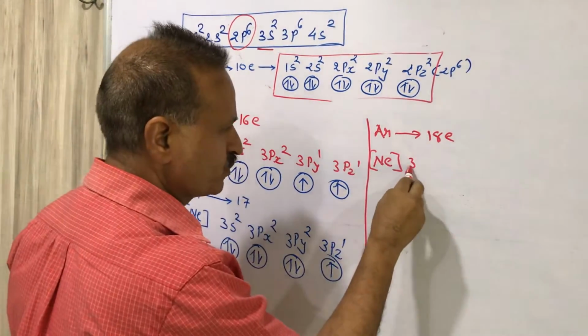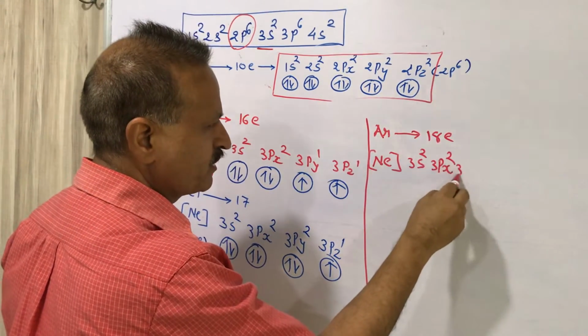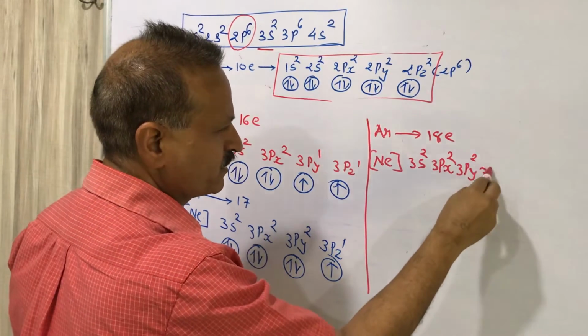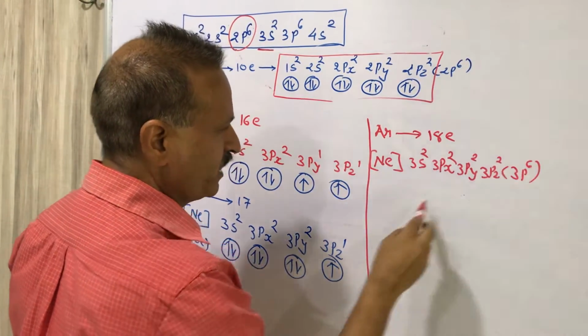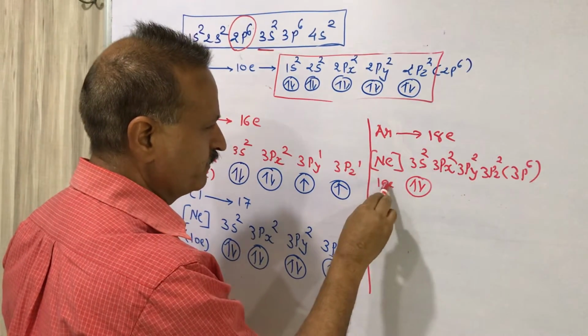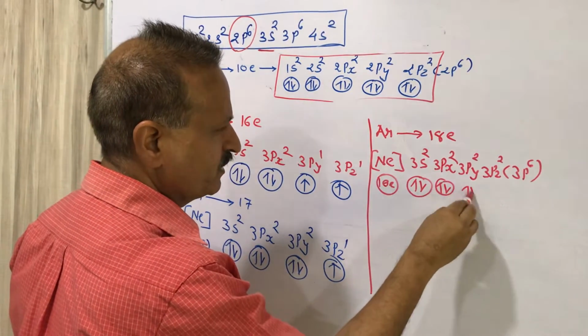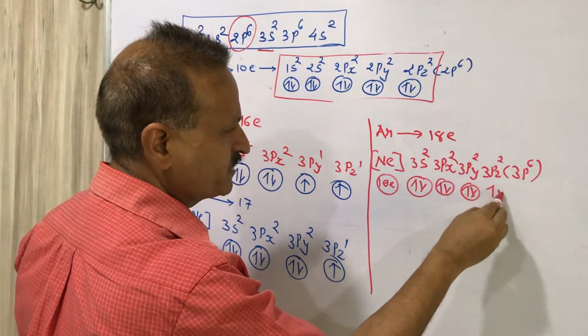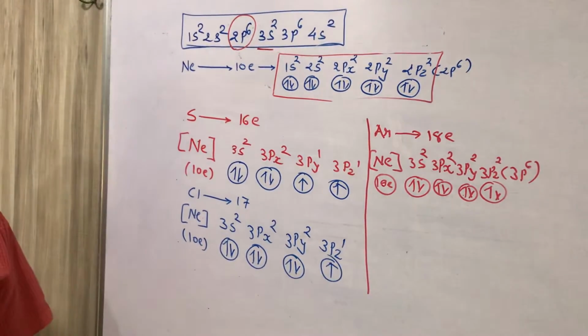So 3s2, 3px2, 3py2, 3pz2, which means it is 3p6. It can be written like this: neon, 10 electrons filled, then 3s2, 3px2, 3py2 and 3pz2. This is the electronic configuration of argon.